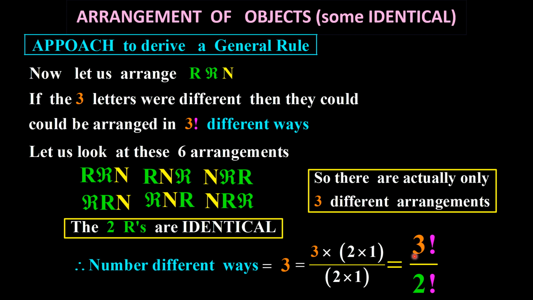So we take the 3 factorial, and there are 2 R's, so we divide it by 2 factorial. Okay, let's say we had 10 letters, but we have 3 identical R's, so that will be 10 factorial divided by 3 factorial there.